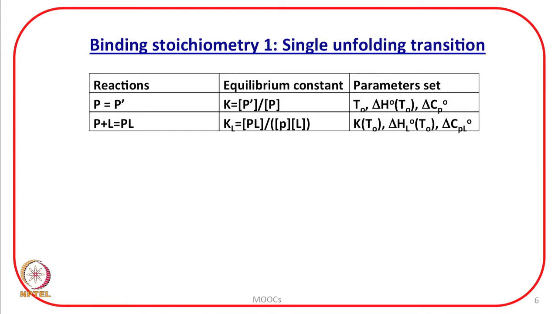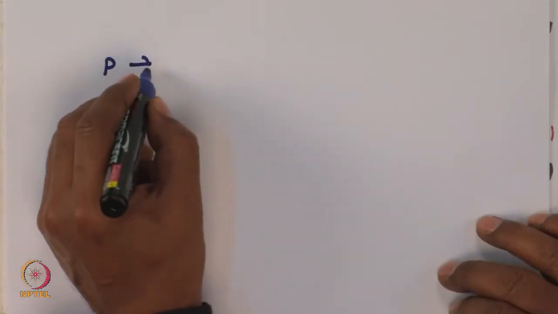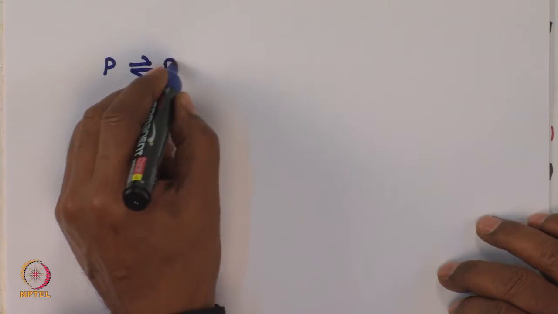So, now let us start one by one with the equations. The first equation that we are talking about is P is in equilibrium with P prime.